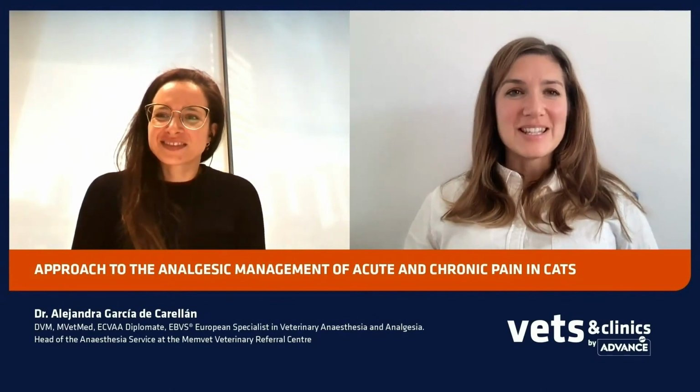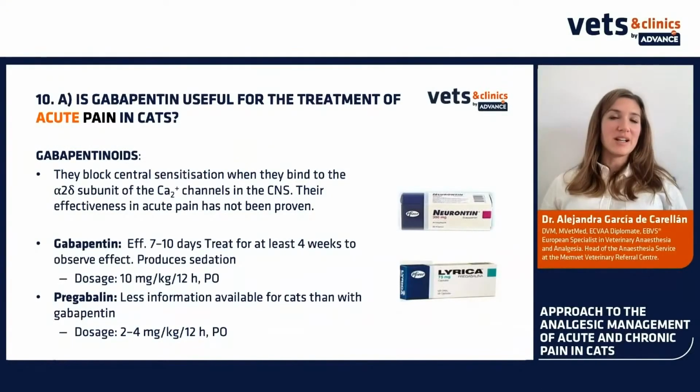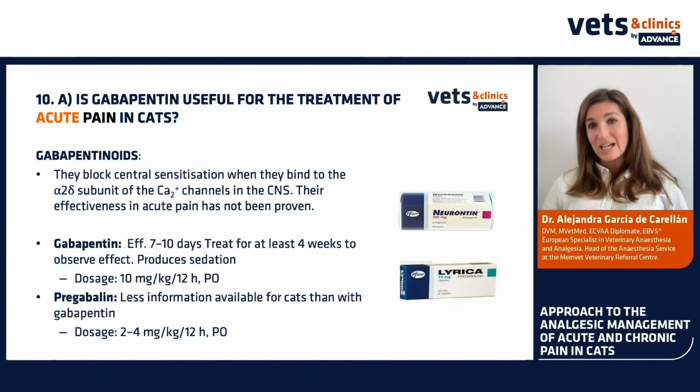So gabapentin is basically a gabapentinoid. They block central sensitization and they bind to the calcium channel of the central nervous system. In acute pain states, their effectiveness has not been proven, but it's because their effects take place later.